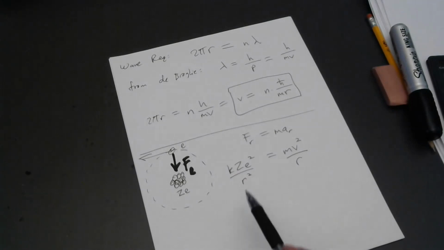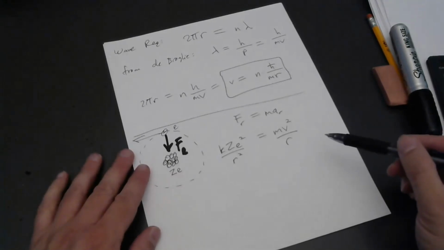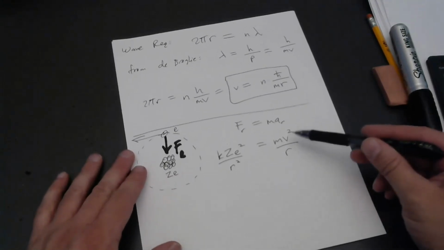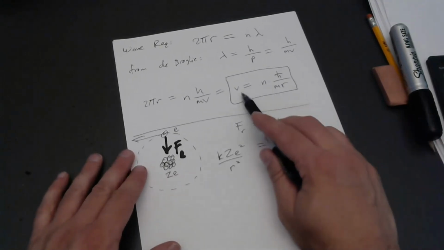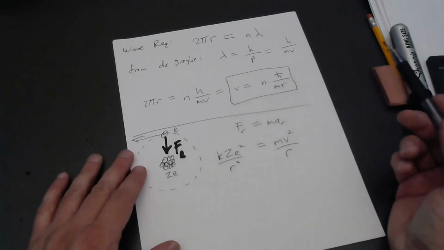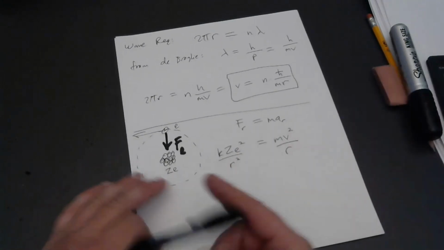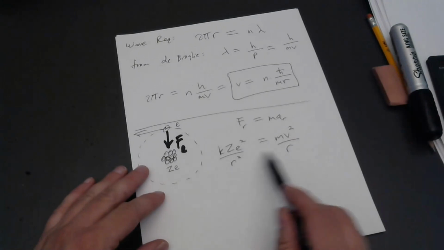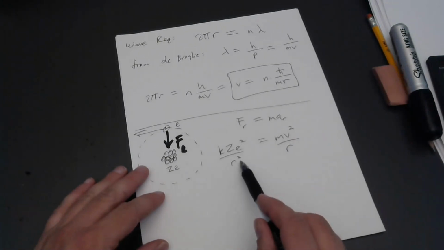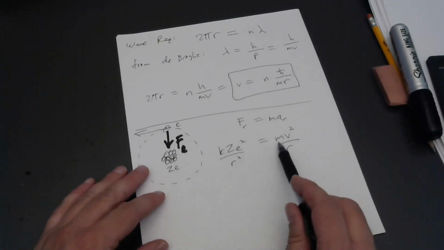So all we've done is apply Newton's mechanics. Also, we've got Coulomb's law, Newton's mechanics, and this modern idea that particles are waves. All the ingredients are coming together. I would like to solve this for v squared, because I'm going to compare it to what the other equation says v squared should equal. So let's move some stuff around. I'll put the r over here. This r cancels one of those r's, right? And this m will go over here.